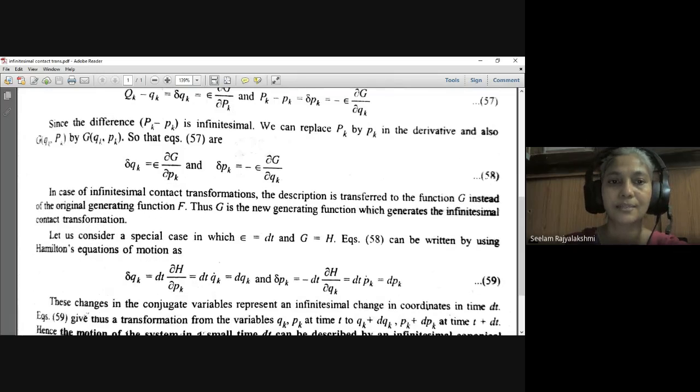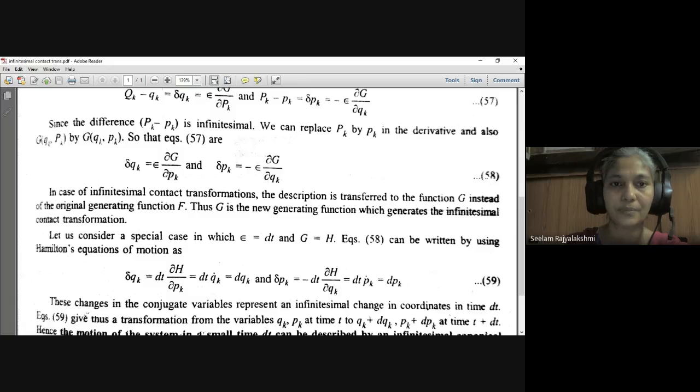Let us consider a special case in which epsilon equals dt and G equals the Hamiltonian H. We replace epsilon with dt and G with H in equation number 58, and we can rewrite it as Hamilton's equations of motion.